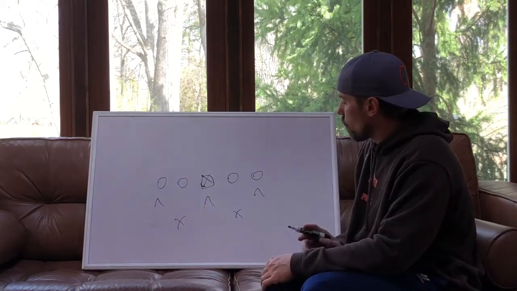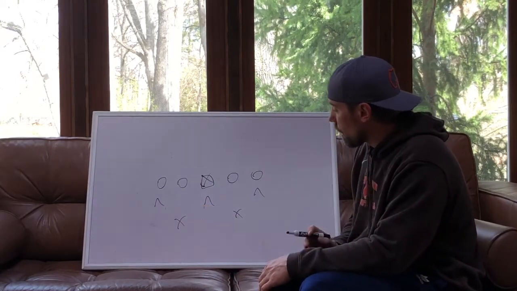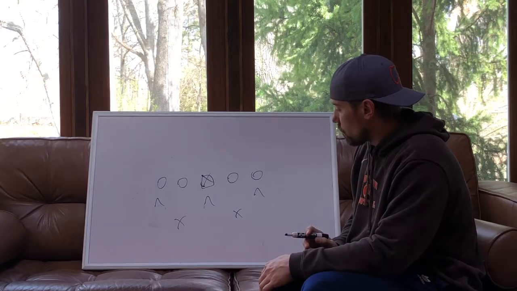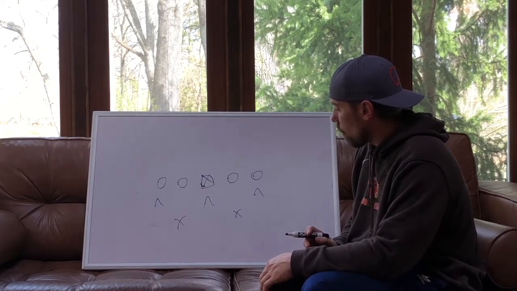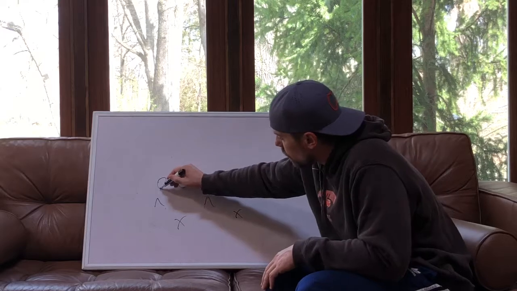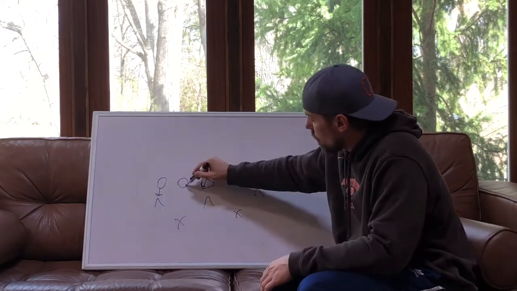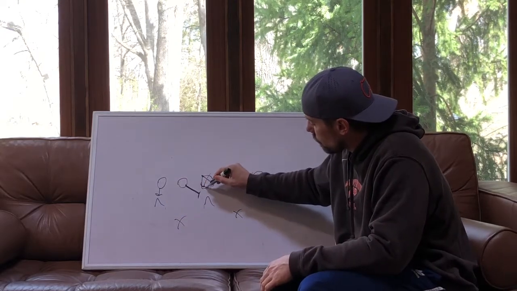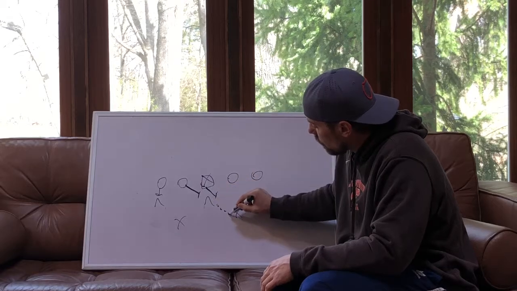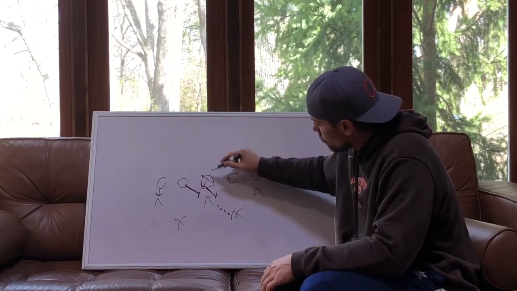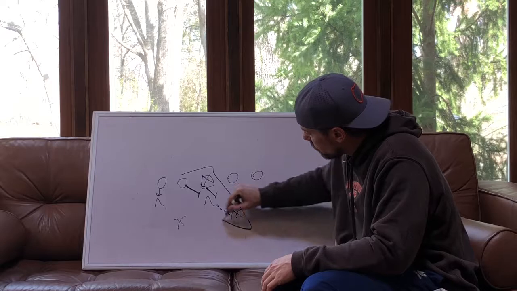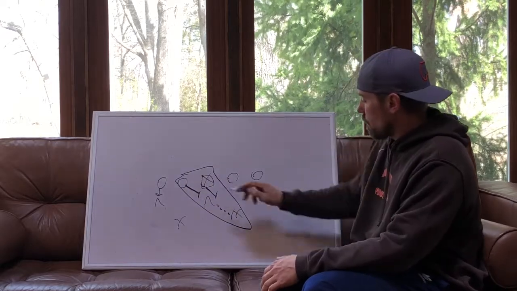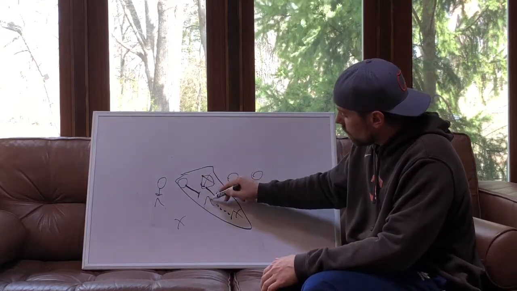We already showed we can block inside zone against this front. We already did that. Another play you could run is a power play. You could run a man scheme power play. You could say, hey, we want a base here. We want to come down, gap off on him. These two on these two, and how that's drawn is like this. These two are blocking these two.